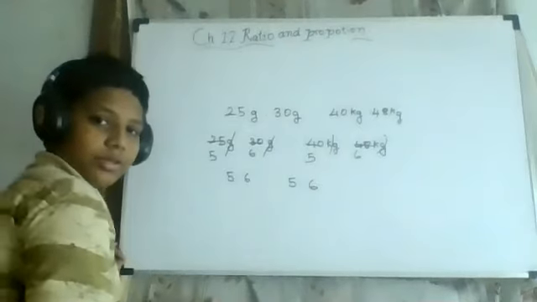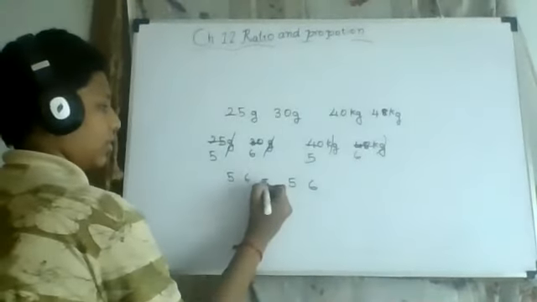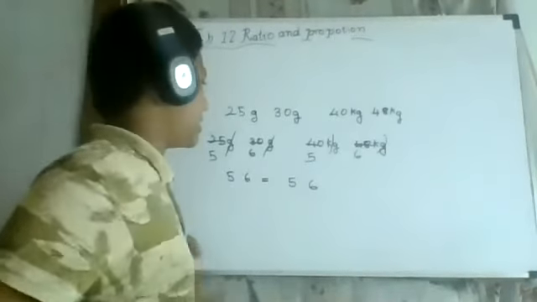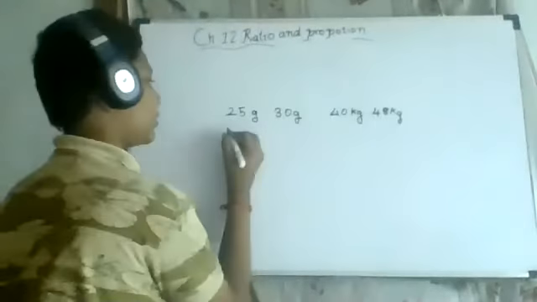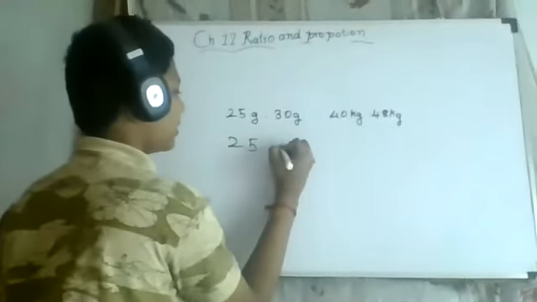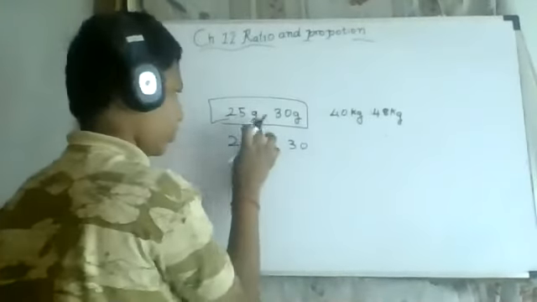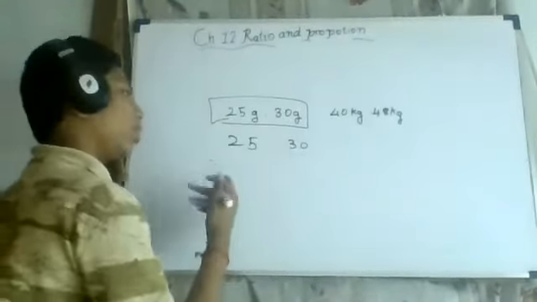Okay, now both the ratios are equal. So they are in proportion. Or the other case, what will we do? This is one method, and the other method is we will not be considering any units. If in this ratio the units are same, no need to consider.